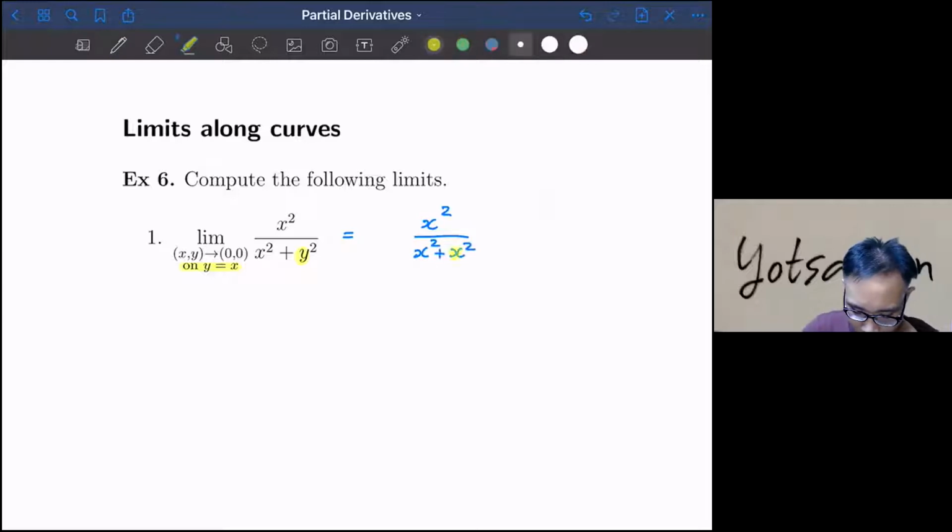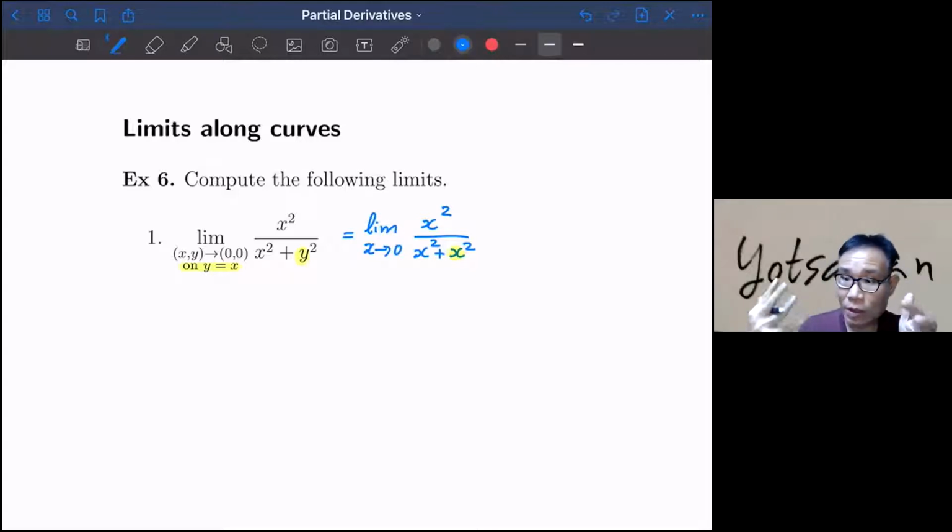And you see that when you use the yellow condition, everything turned out to be x without y anymore. So the limit turned out to be just the limit for x go to 0. So you see the difference between the limit that we had before and the limit that we have right now is that you have the limit as x goes to 0 of a function in one variable.